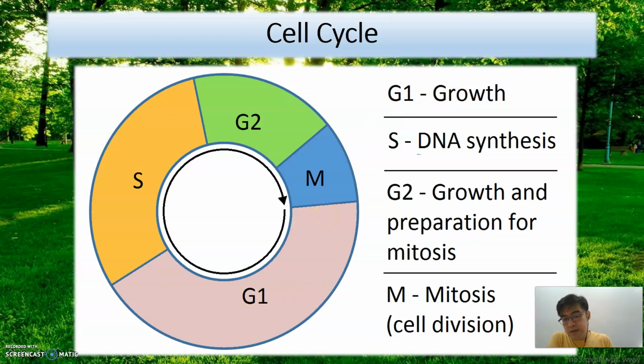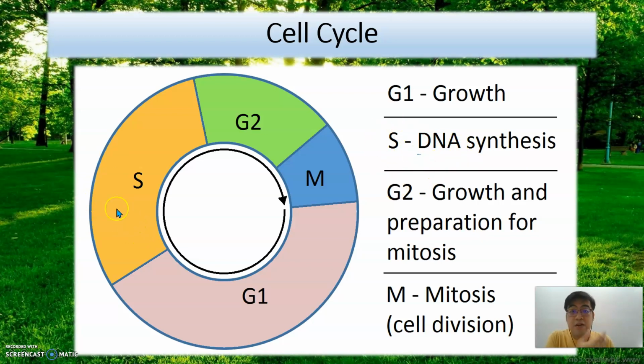It takes up a big chunk of the cell cycle, and it goes to the second phase, which is the S phase. The S actually stands for DNA synthesis. Synthesis means making, the production of DNA, or to be more precise, the replication of DNA.